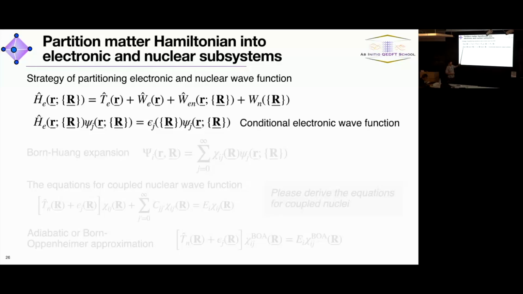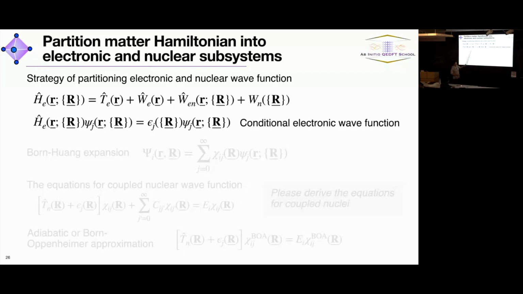And for this electronic Hamiltonian, we can solve the eigenvalue problem. This wave function is called the conditional electronic wave function. Once you have these eigenfunctions, you form a basis set for this fixed nuclei position.